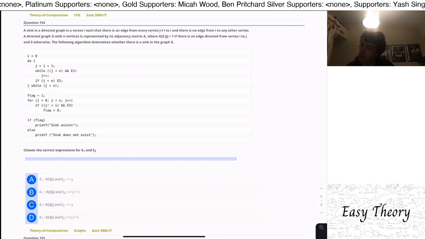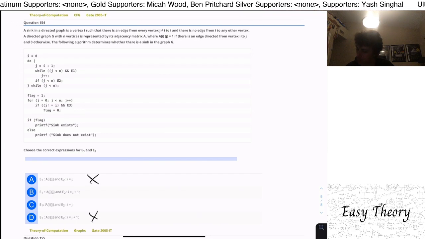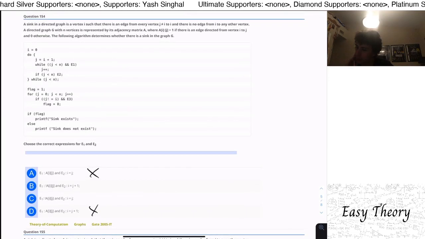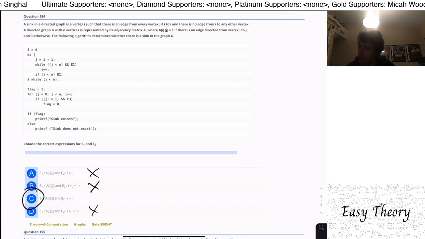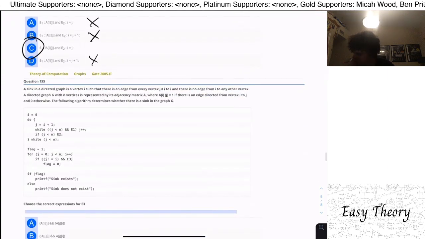While there is no edge there, it can't be these two. And the last one is E2. So if j is less than or equal to n, i is set equal to j. It's just updating the index i as you're going along.